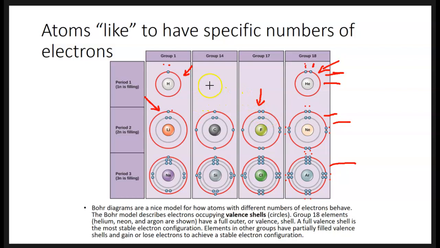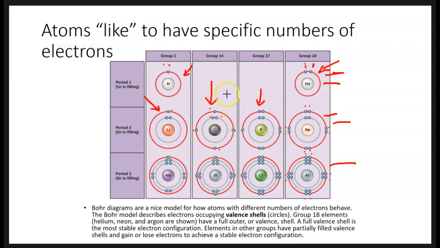Carbon is an interesting one because it is right in the middle of the period. Its atomic number is 6, and so it has 6 electrons and 6 protons. It's got 2 in the inner shell, and then 1, 2, 3, 4 out of 8 in that outer shell.